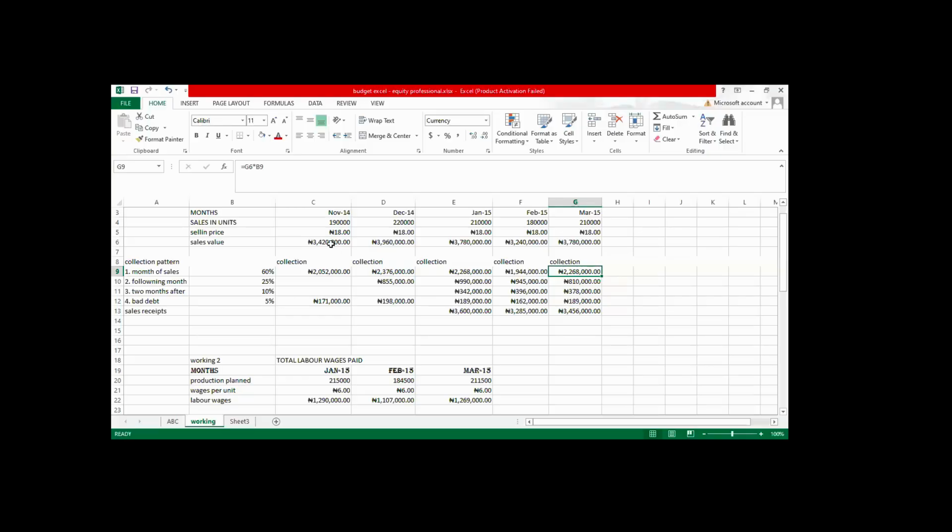If you compute 5% of 3,960,000, what do you have? 198,000.